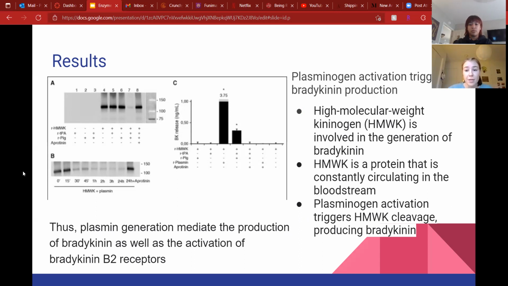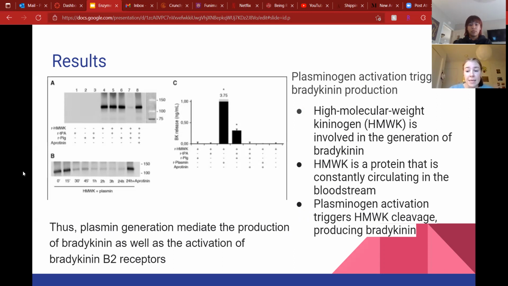And in this figure, the first panel is showing the Western blot of HMWK after 3 hours of incubation. And it's showing you that plasminogen activation promotes HMWK cleavage. That's a result of plasmin generation.